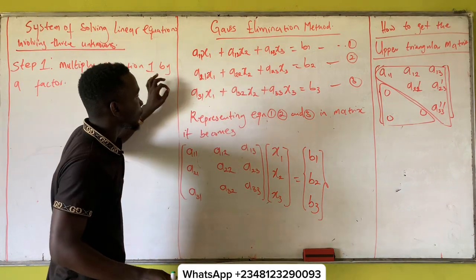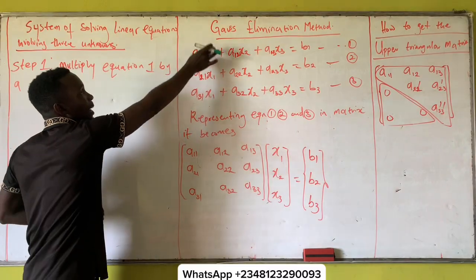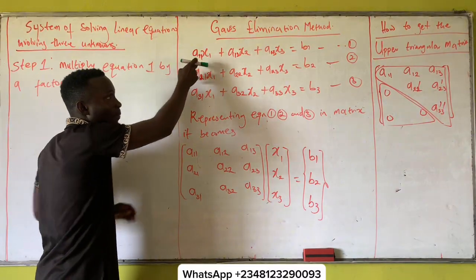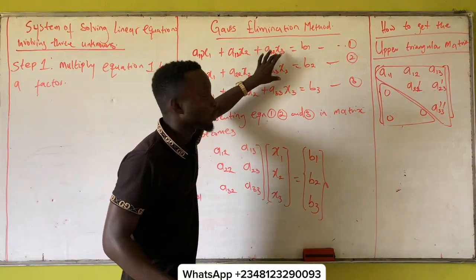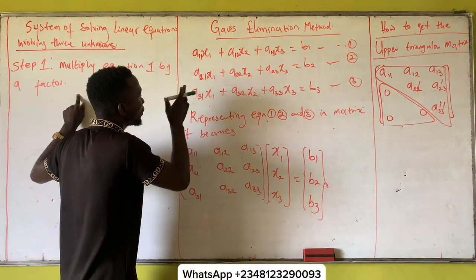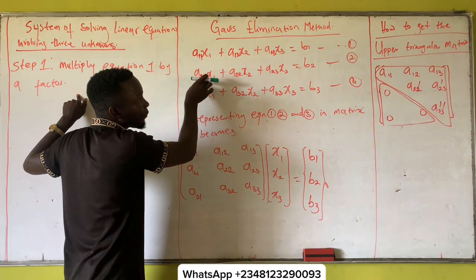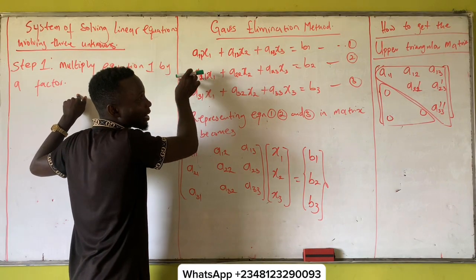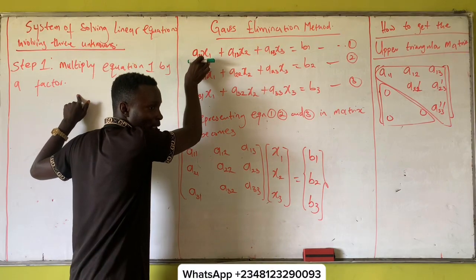So for you to get the factor that you are going to multiply equation 1 with, it becomes A21 divided by the coefficient of x1 in equation 1. Remember, we are trying to eliminate x1 in equation 2 using equation 1. So the factor we are going to use is the coefficient of x1 in equation 2 divided by the coefficient of x1 in equation 1.